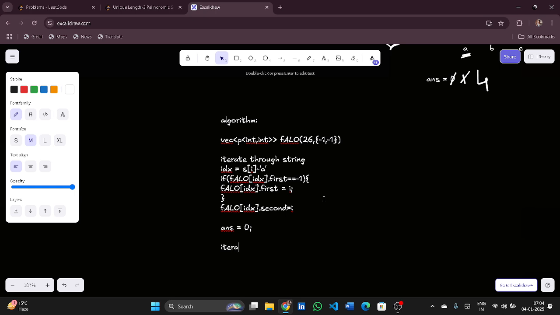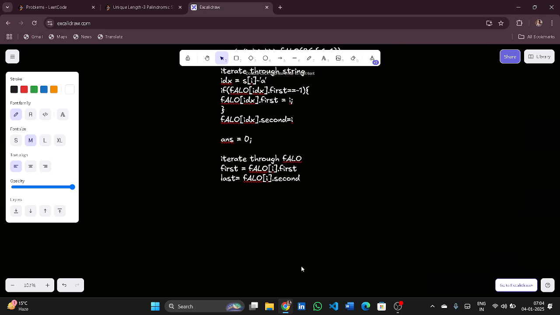So again, iterate through first and last occurrence, and first is equal to FALO of i dot first, and the last is FALO of i dot second.